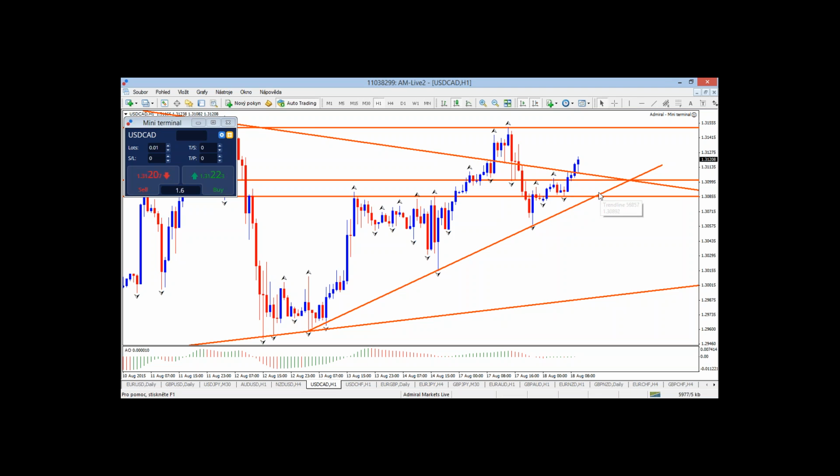Back to this trend line perhaps. Yet another bounce. Within this bigger wedge that we see on the daily chart, that could still be interesting for those who might want to think about entering. I would think that could make sense.